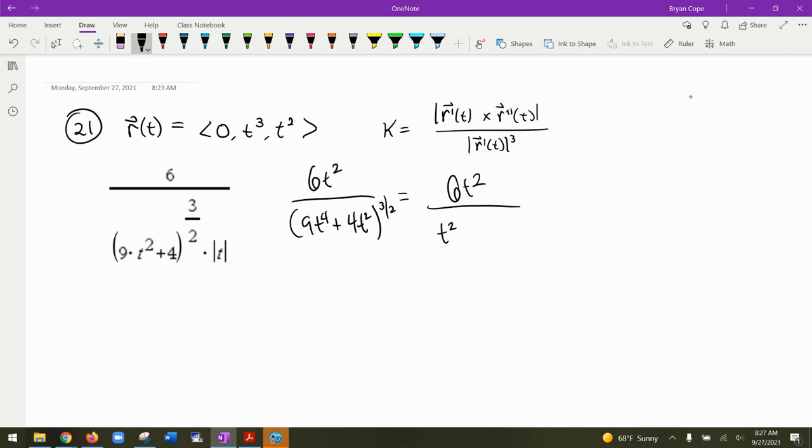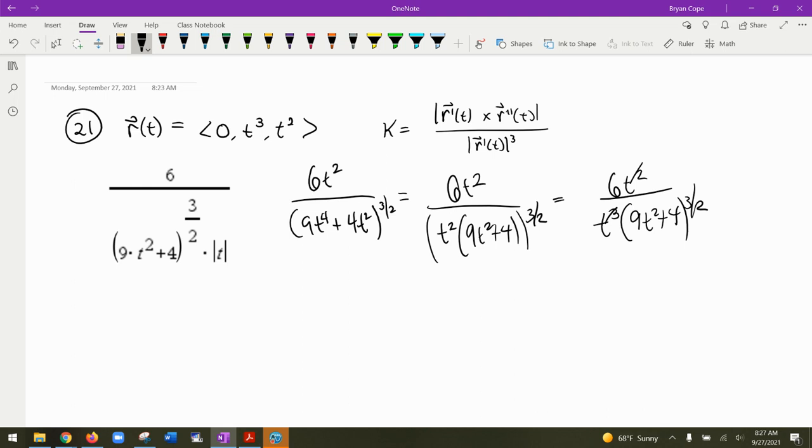So t squared times (9t squared plus 4), all raised to the 3 halves. And 2 times 3 halves gives us t to the third. So we have 6t squared over t to the third times (9t squared plus 4) to the 3 halves. And then those are going to cancel to leave us with 6 over t.